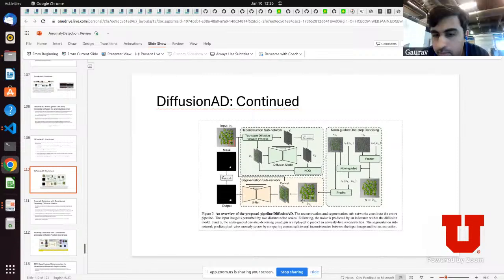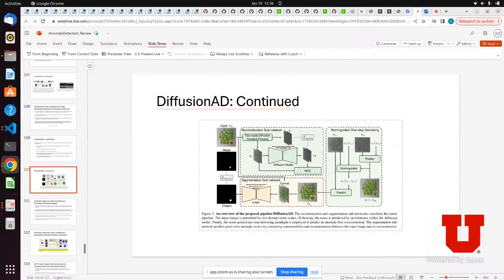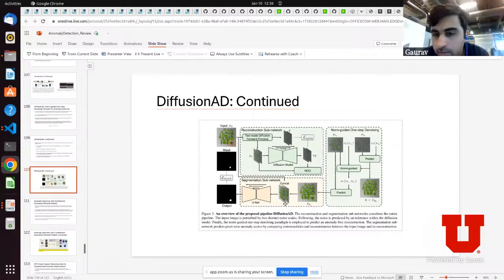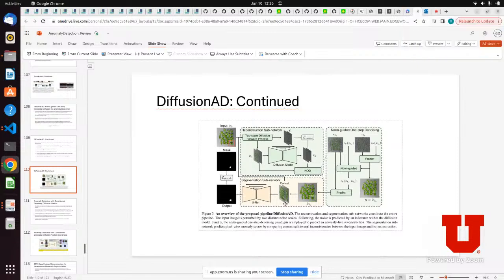If this reconstructed image is exactly the same as the original anomaly image, then there's no difference between the two inputs, right? The UNet would not be able to discover the mask. In that case, the mask should be zero, basically. So that's why I think the norm guided one-step noises just try to at least reduce the effect of the anomaly part.